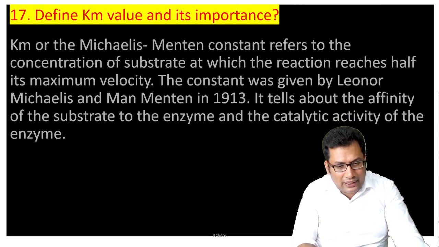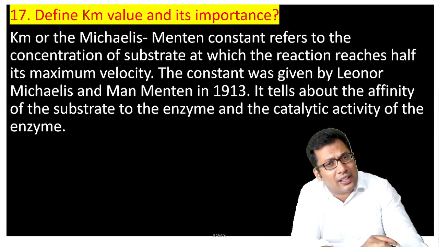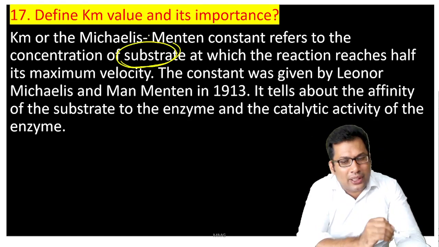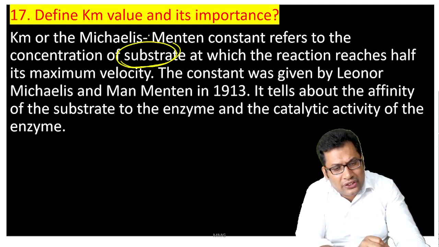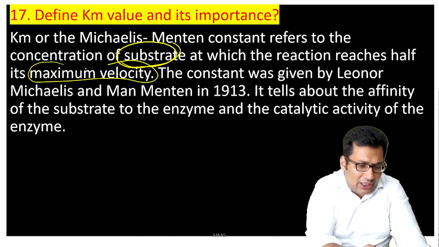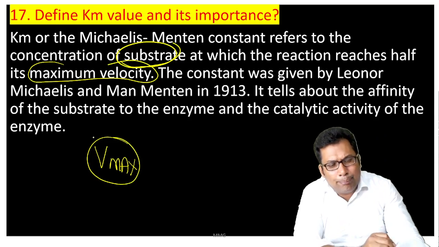You can see here, Michaelis Menten constant refers to the concentration of the substrate at which the reaction reaches half of its maximum velocity, that is Vmax. It was first explained by Michaelis and Menten in 1913.